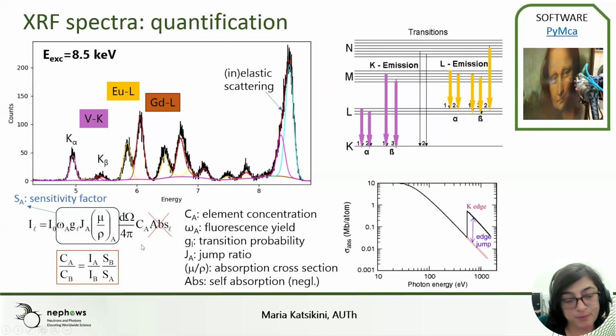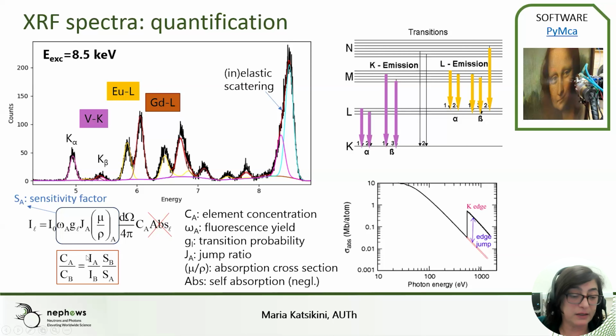Now, a much easier method is the determination of the ratio of the concentrations of two different elements, because by dividing this formula written for two different elements, we can get rid of some factors of this formula.